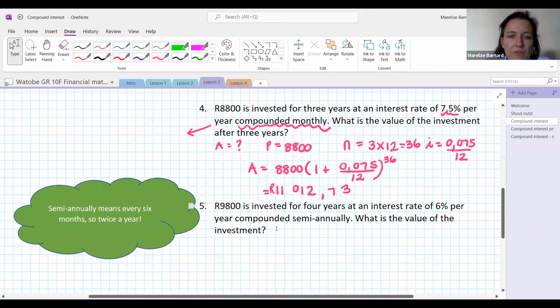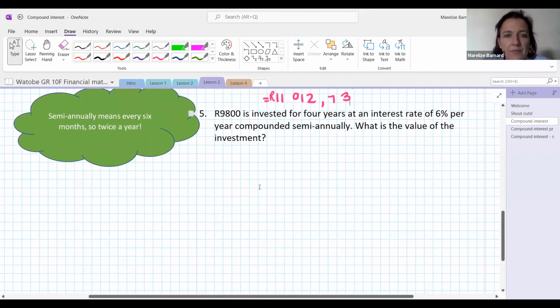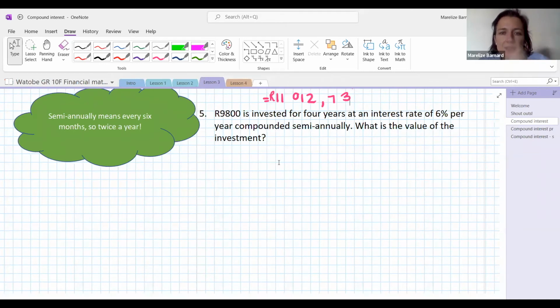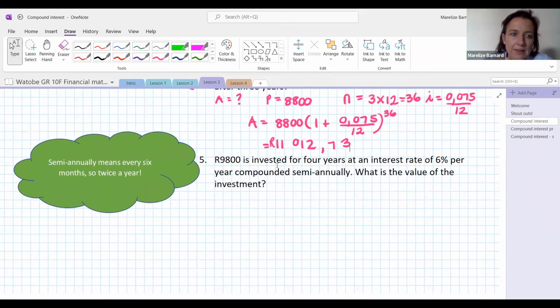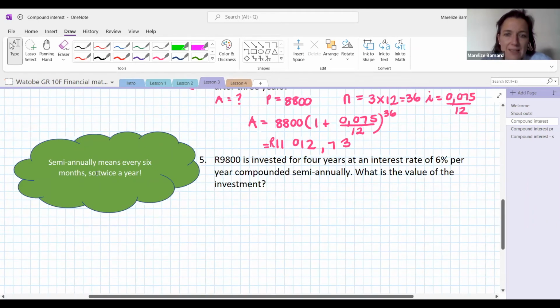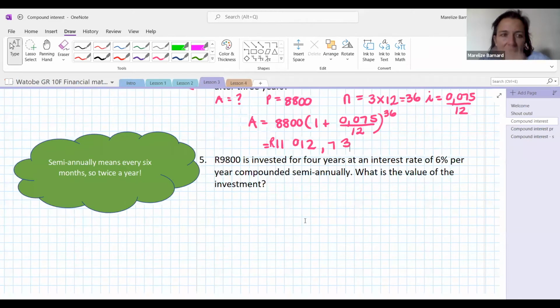In question 5, 9,800 Rand is invested for 4 years at an interest rate of 6% per year, compounded semi-annually. Semi-annually, like I wrote here in the green bubble, means every 6 months, so twice a year. If it is compounded semi-annually, you're going to get interest how many times a year?